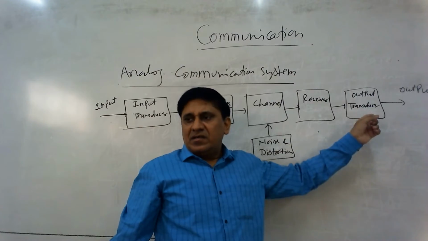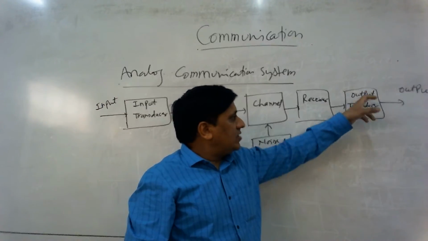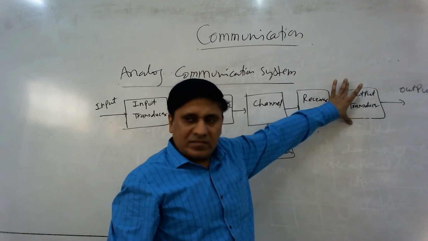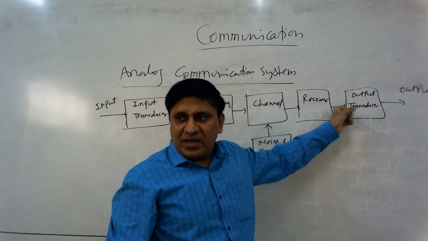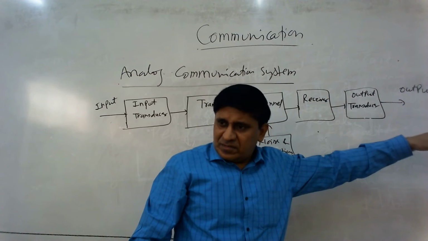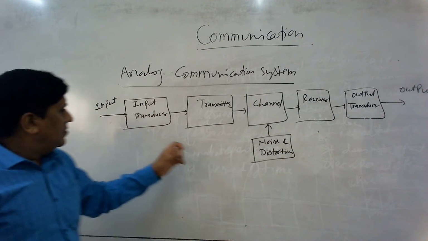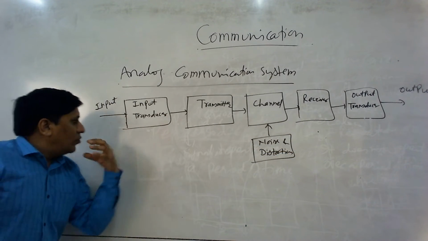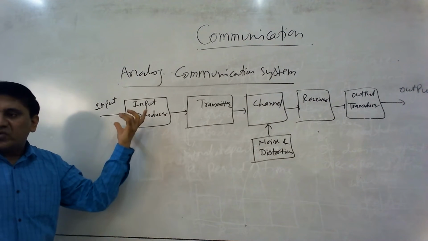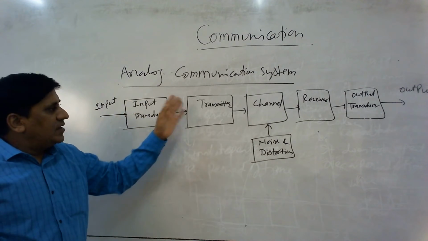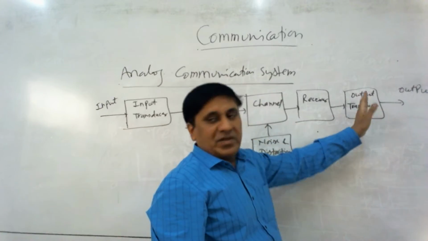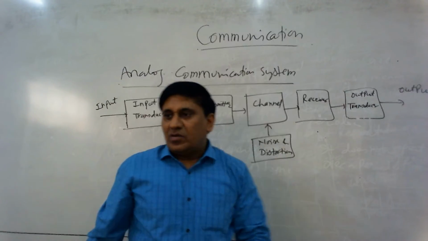Passing this signal to the output transducer, this transducer converts the electrical signal into the original form of signal. I said that I put a voice call here, and it is converted into an electrical signal, and this process goes on, and it conveys my voice call to the other side, to the other person.